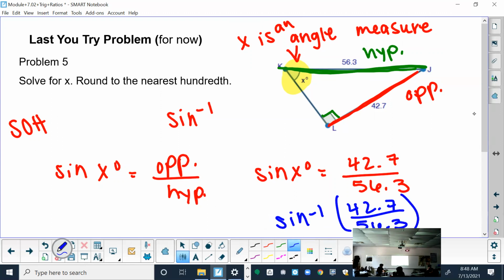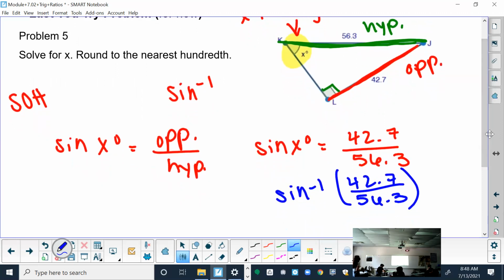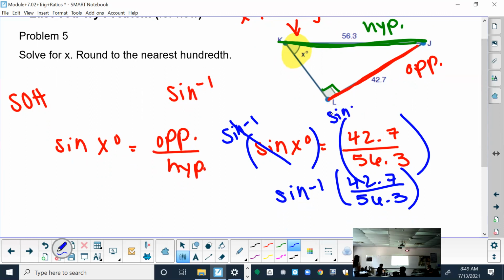Questions, or did I go too fast, or does it make sense? Doing the inverse sine on this side is what cancels out that sine. What you do to one side, you have to do to the other. That's what I have here.